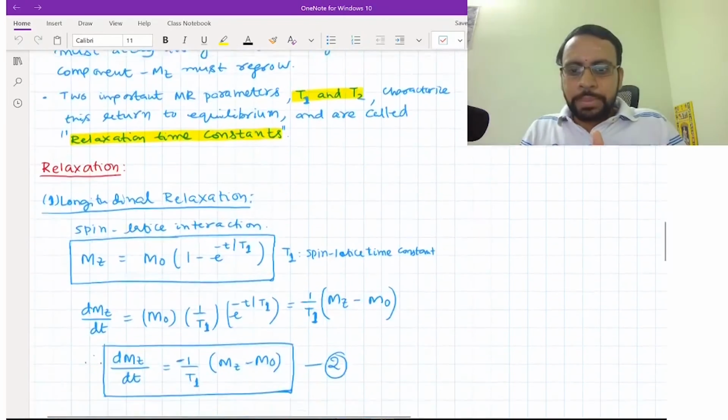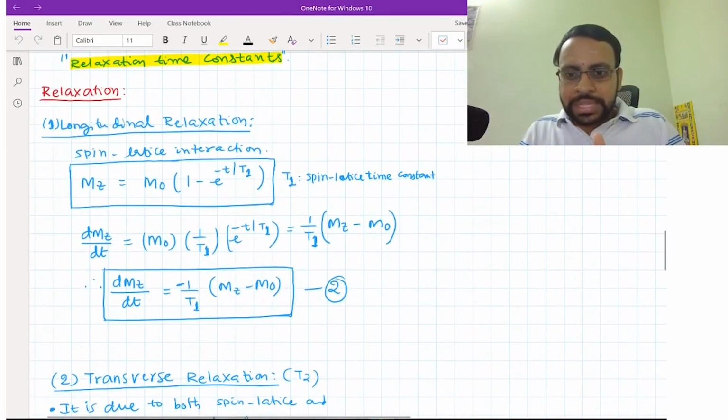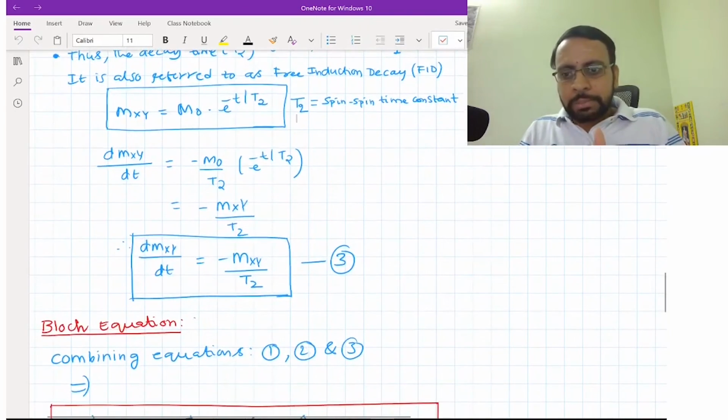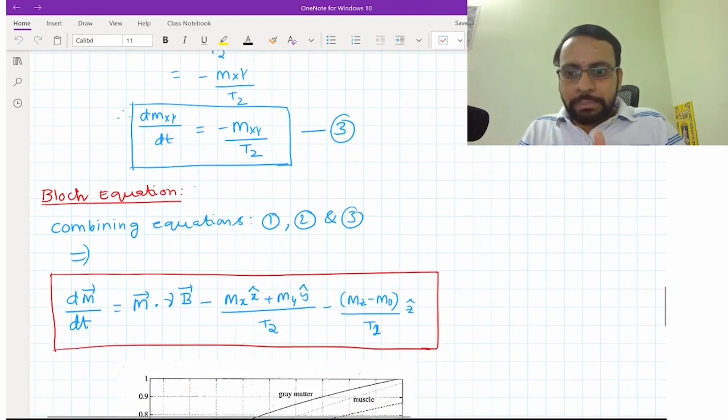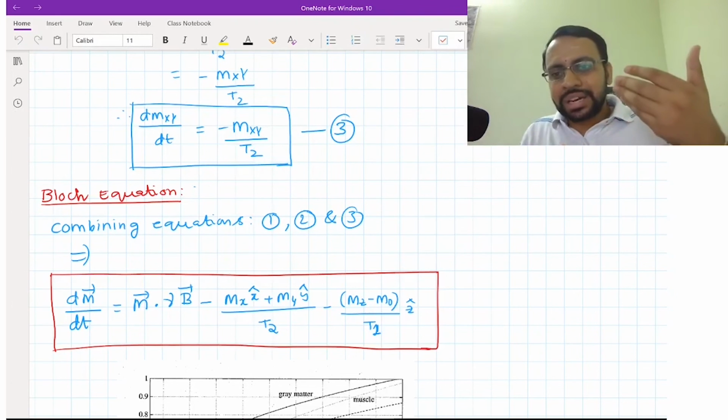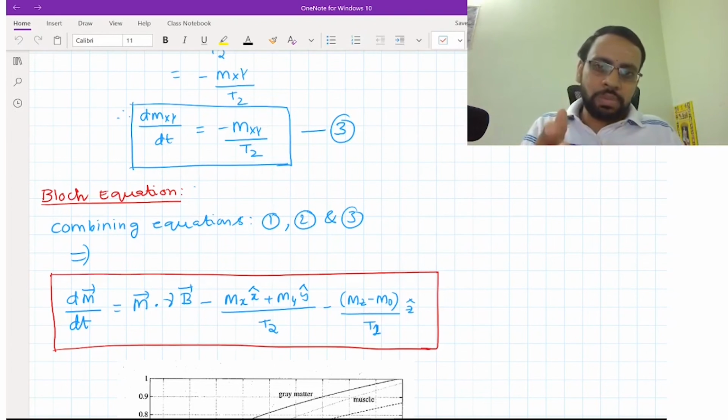Now we have empirically derived dMz/dt and dMxy/dt, and if you combine them, you get what is referred to as the Bloch equation.